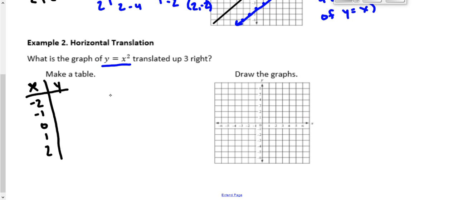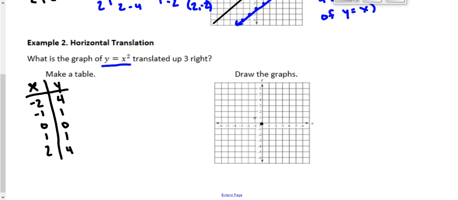Those are almost always the coordinates I choose. If I plug in -2, I'm going to get -2 squared, which would be +4. If I plug in -1, -1 squared is going to be +1. 0 squared is 0. 1 squared is 1. 2 squared is 4.